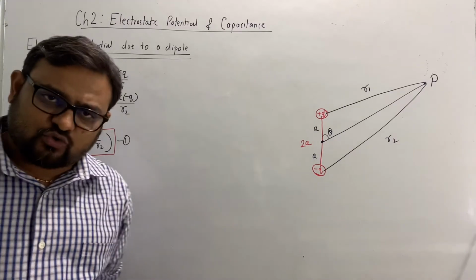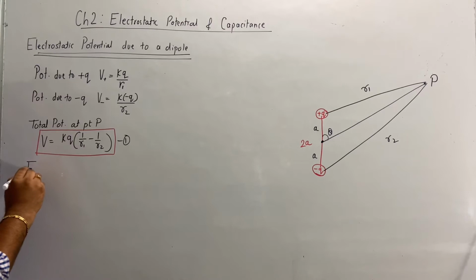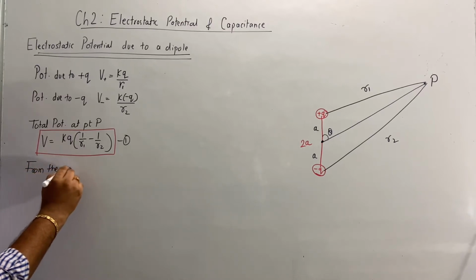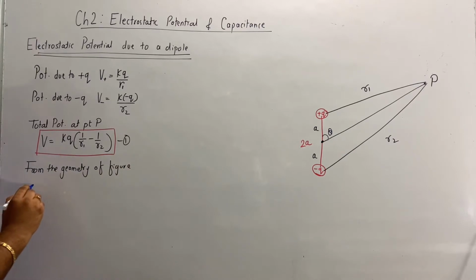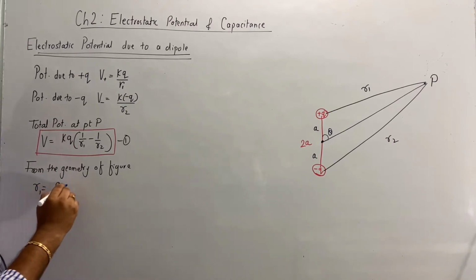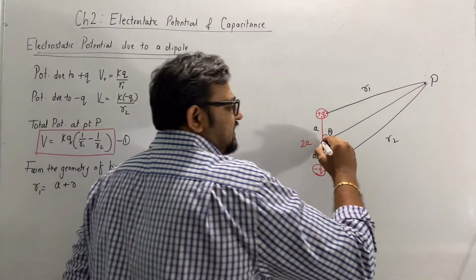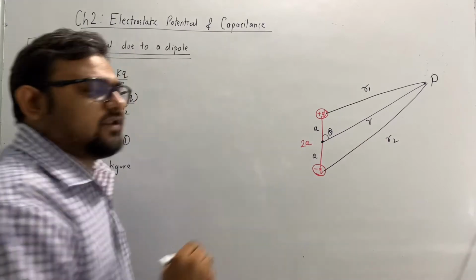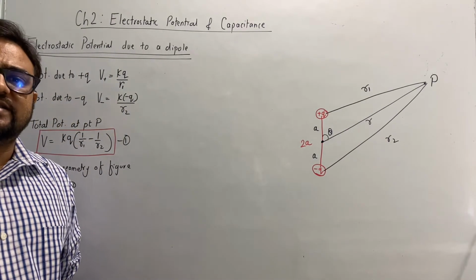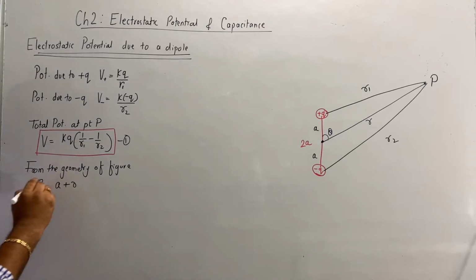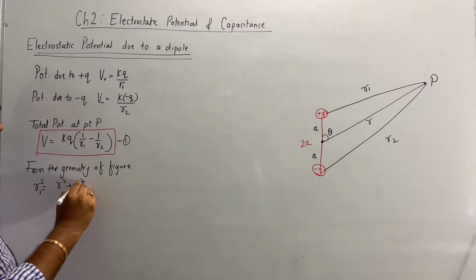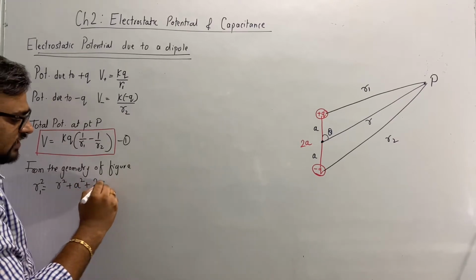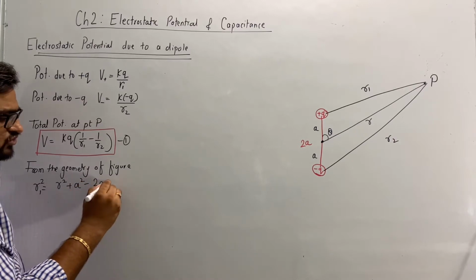From the geometry of the figure, let's take this distance as R. So R1 square will be equal to A square plus R square, sorry, not plus, minus 2AR cos theta.